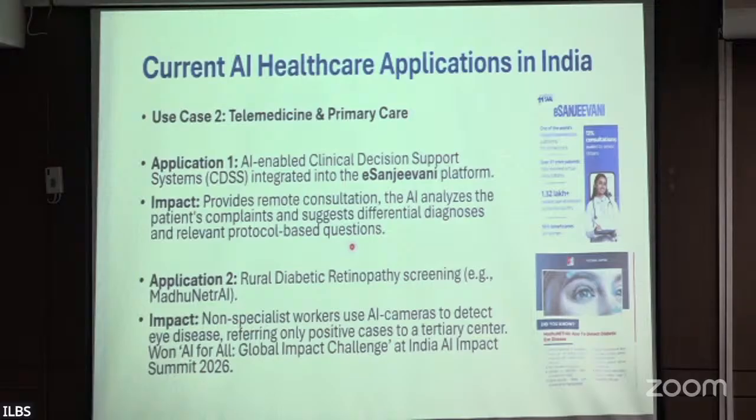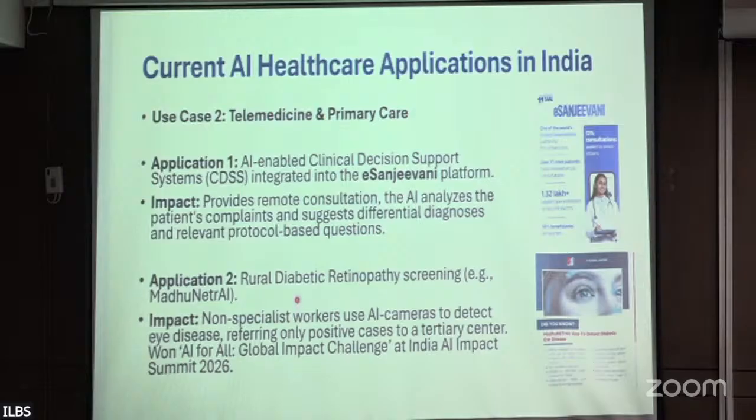So it's a kind of questionnaire and recommendation system, saying you may have this type of problem and you can go for the next level of checkup. It won the AI for All Global Impact Challenge title at the 2026 AI Impact Summit in India.